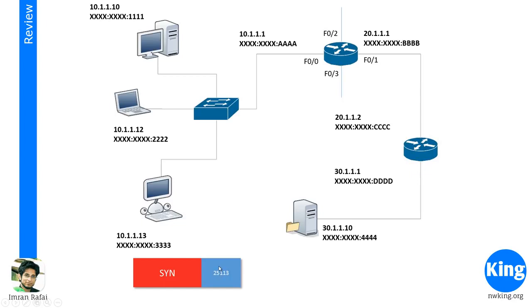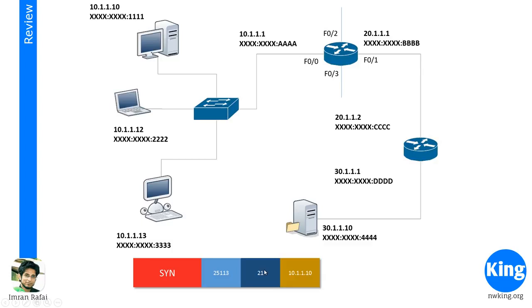So it creates a random source port. If you don't know what we're talking about, I recommend you go back to our previous videos and go through what ports are. It creates a destination port because it knows it wants to connect to port 21.